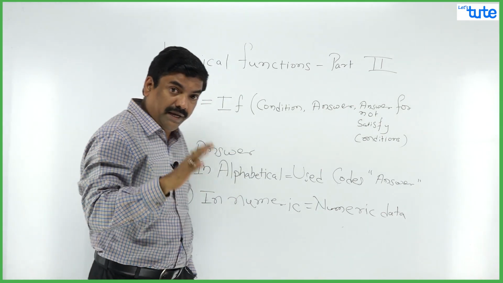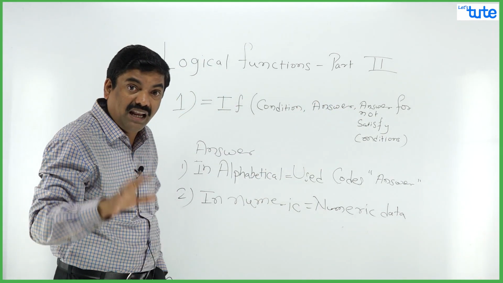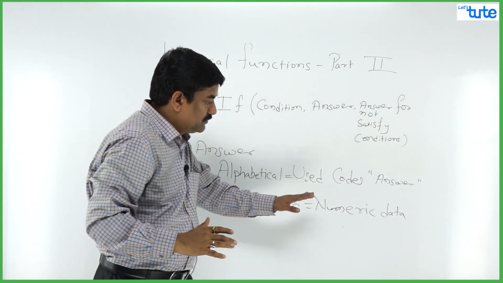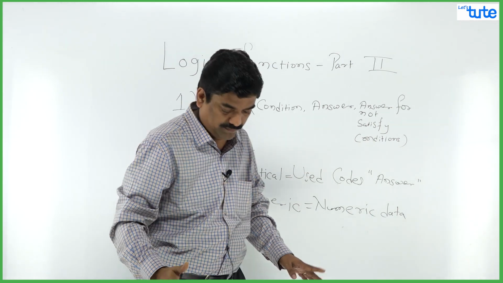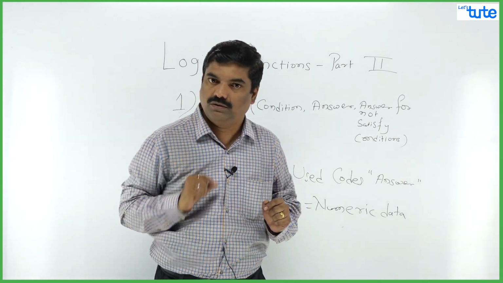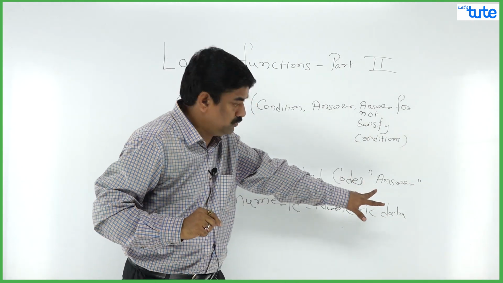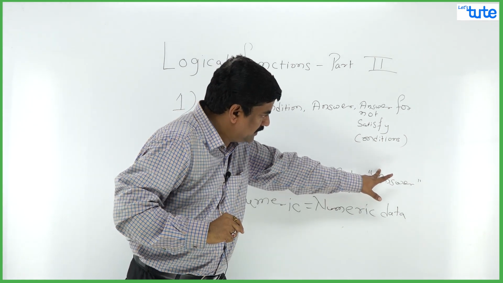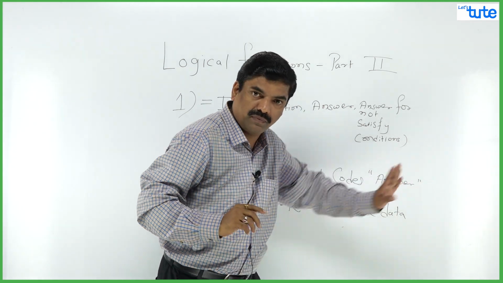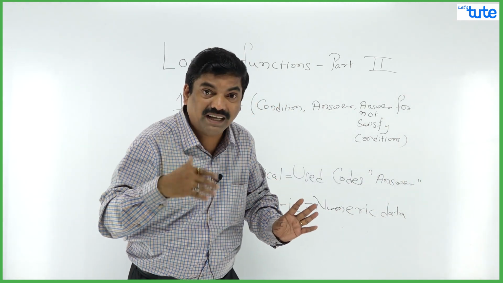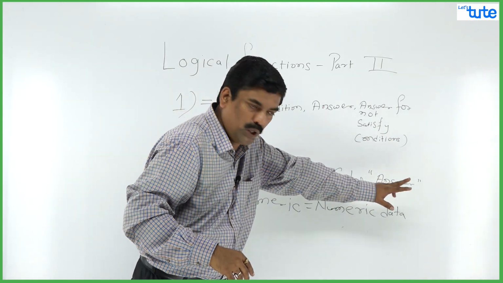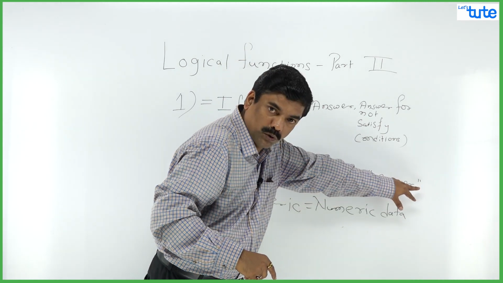If your answer is alphabetical, then you have to use quotes. For example, if your answer is yes, Y-E-S, then you have to use quotes: type Y-E-S, close the quotes. Or if your answer is no, again use quotes, type N-O, close the quotes.